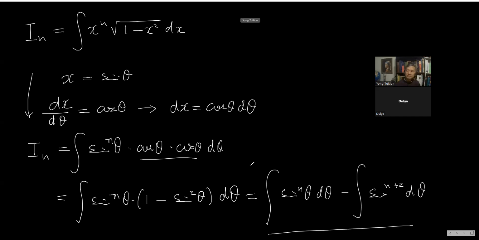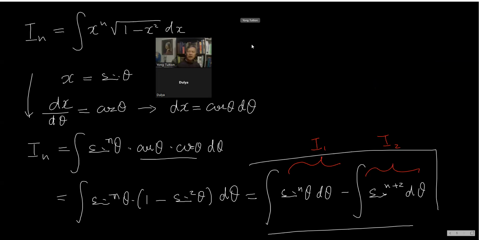Can we see the hope now? We should be able to solve these two separately. So we end up dealing with two integrals, I1 and I2, right? So the question is, how can we solve these integrals? Any questions so far?